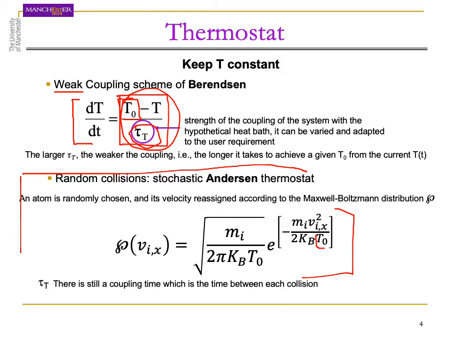So here you can see that this distribution depends on the target temperature T subscript 0. In the Andersen thermostat there is a parameter which can be considered as the strength of the coupling with the external bath, and for this reason I indicated it as tau subscript t as well, which gives the interval of time between which we are doing this replacement of the velocities.